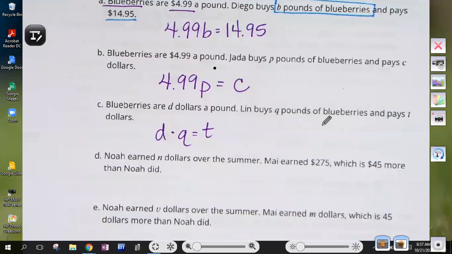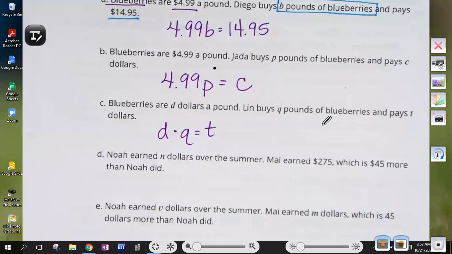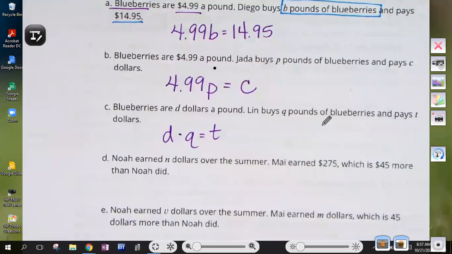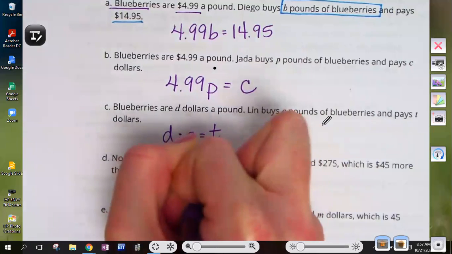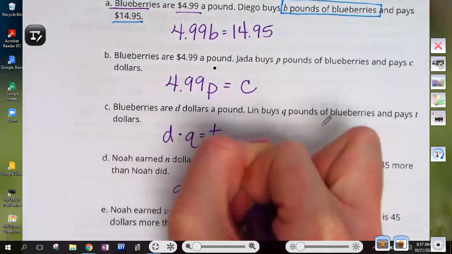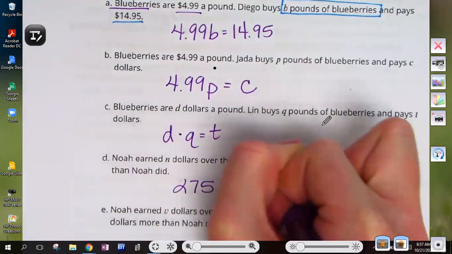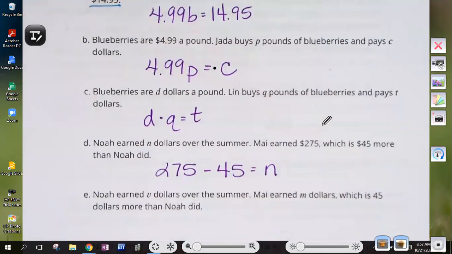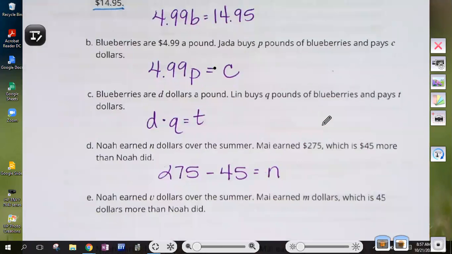Okay, new situation. Now we have Noah earned N dollars over the summer. May earned $275, which is 45 more than Noah did. Okay, Abigail, what did we do to get this one? 275 minus 45 equals N. Is that the only way we could do that one?